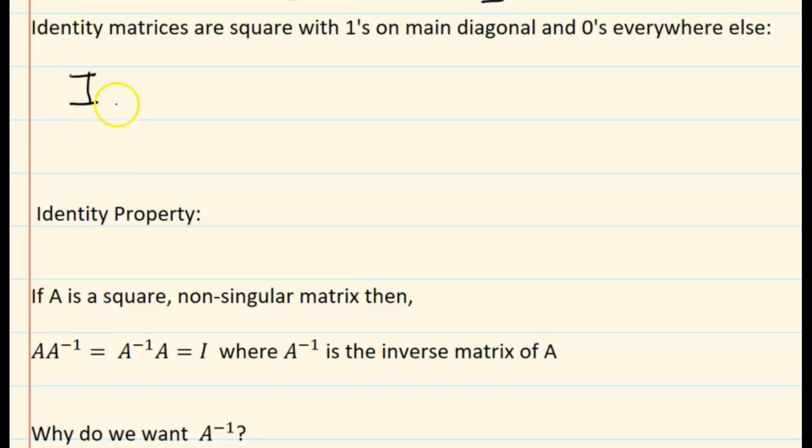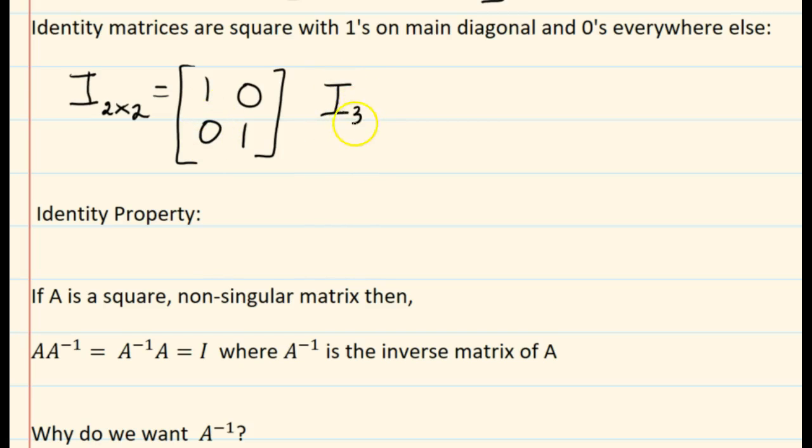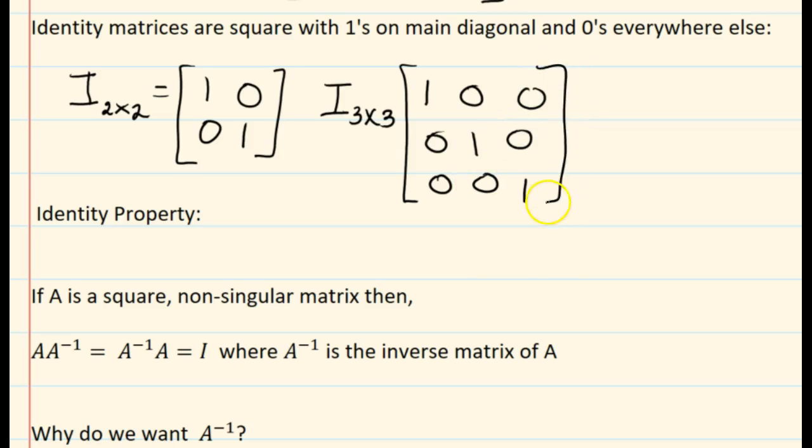Sometimes we'll denote it as a big I with 2 by 2 to indicate that this is a 2 by 2 matrix, with 1s on the main diagonal and 0s everywhere else. For a 3 by 3 matrix, we're going to have 3 rows, and down the middle is going to have 1s and then 0s everywhere else. This is a 3 by 3 identity matrix, and you can continue doing this for a 4 by 4, 5 by 5.